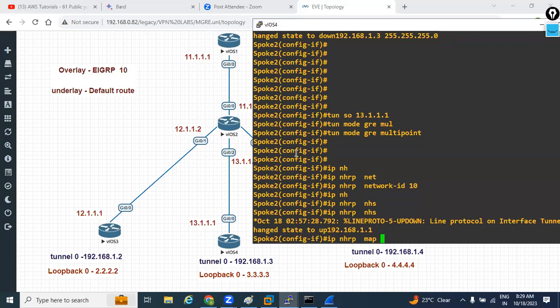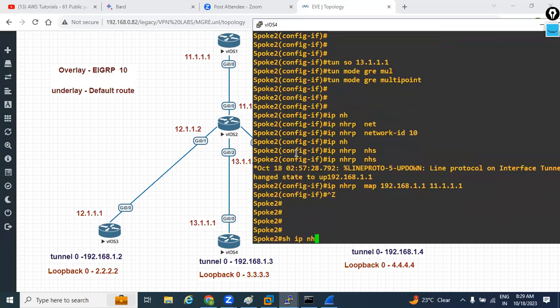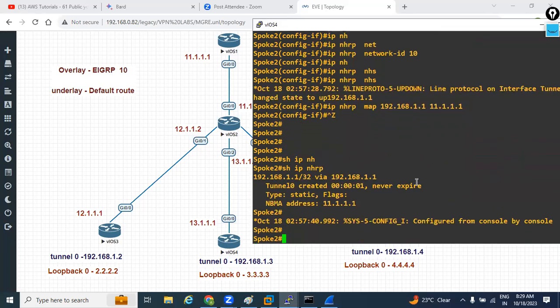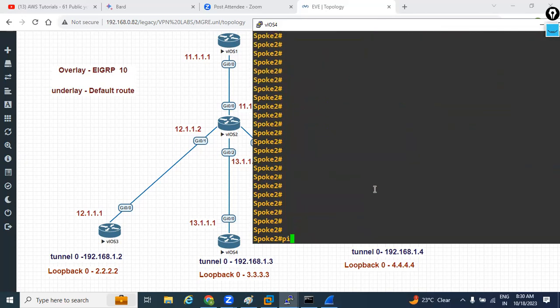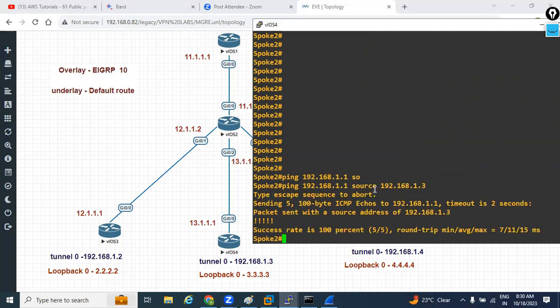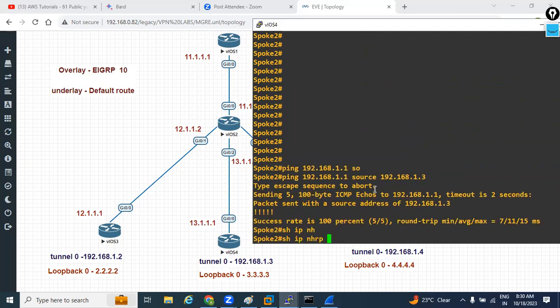Now do the mapping. How to reach 11.1.1.1. Show IP NHRP. Never expire. And now what to do? Ping 192.160.1.1 as a source. Exactly. Able to ping.